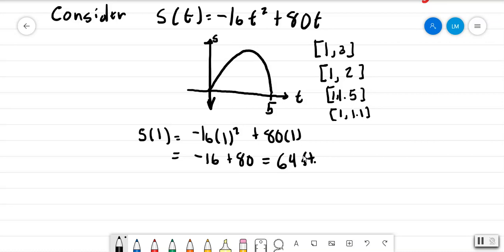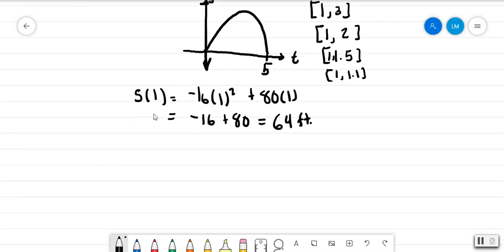Now, we're using the average rate of change for each of these numbers, 3, 2, 1.5, and 1.1. For the sake of the argument, we'll look at this as using s of t minus s of 1, all divided by t minus 1.